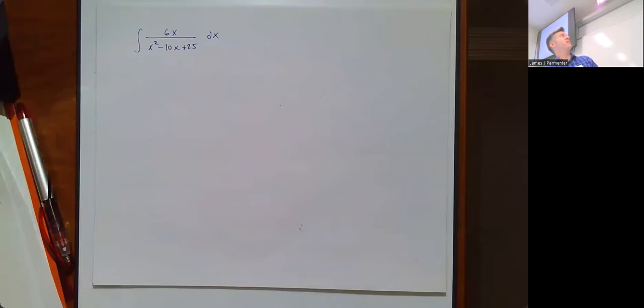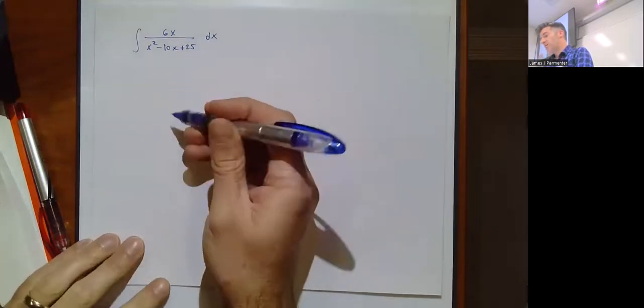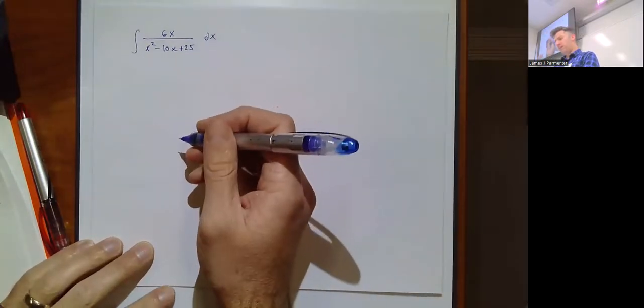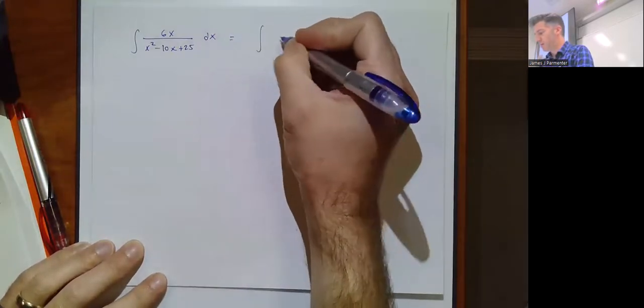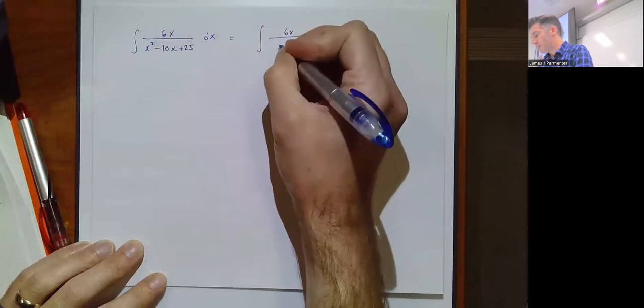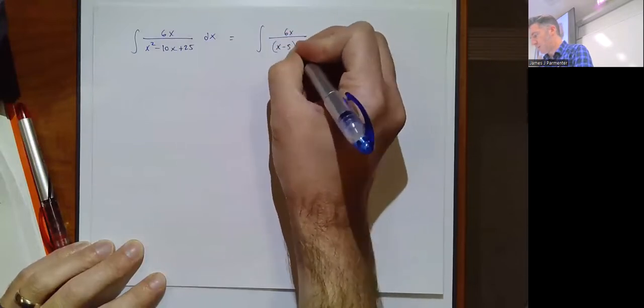If I let u equal the denominator, my du is 2x minus 10, and that doesn't really work out for me. I don't have a minus 10, so it's kind of a bummer. So I'm thinking, well, does that bottom factor? Yeah, it factors. I can write this as 6x over x minus 5 times x minus 5.